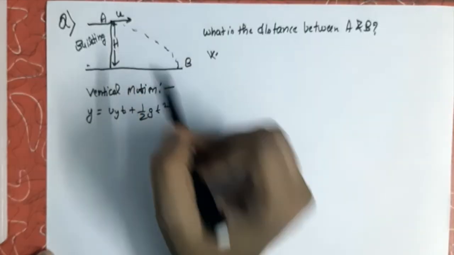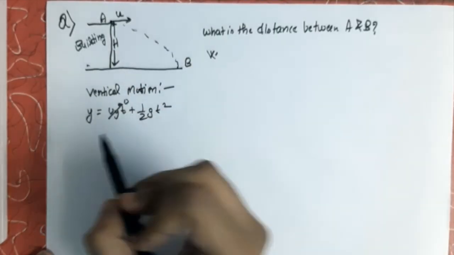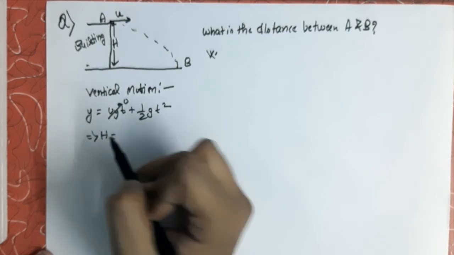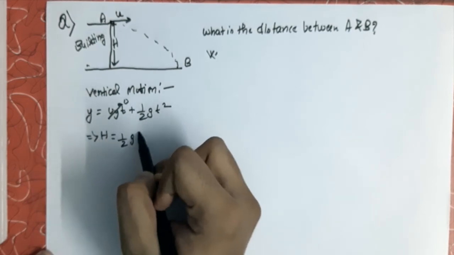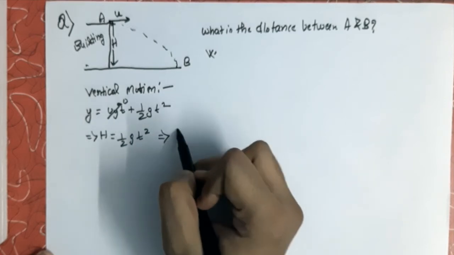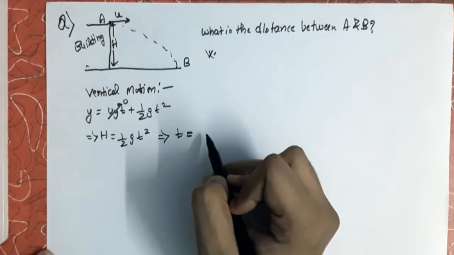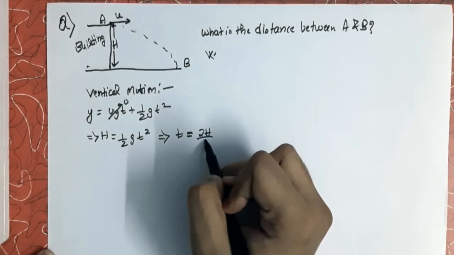Now there is no uy here, so this term becomes 0. So simply y here is h is equal to half of g t square. So the time taken to reach from A to B is given by t is equal to square root of 2h by g.